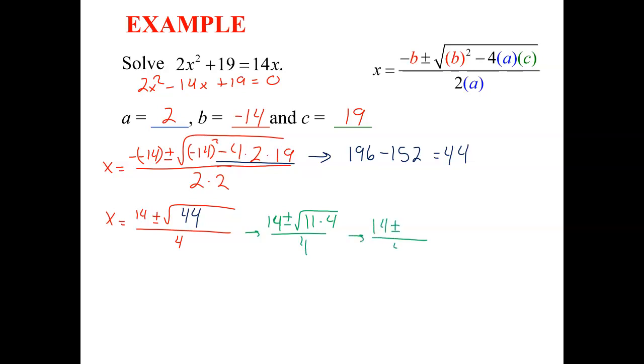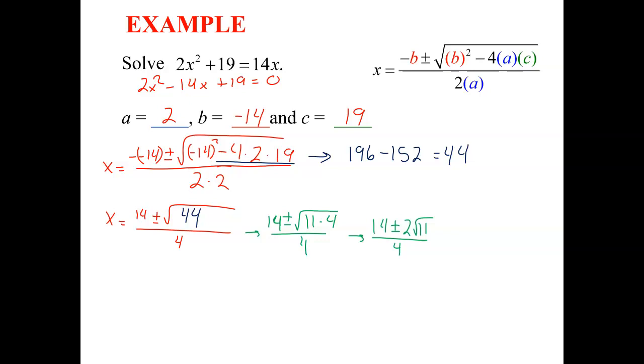So the radical becomes what? 2 square root 11. Right? Now, I can't add 14 and 2 square root of 11 unless I want a decimal value, which I don't.